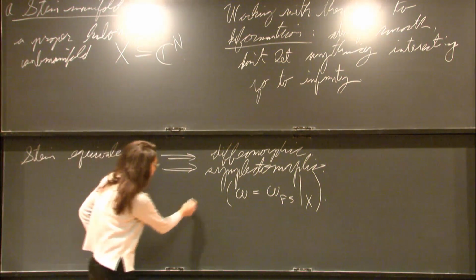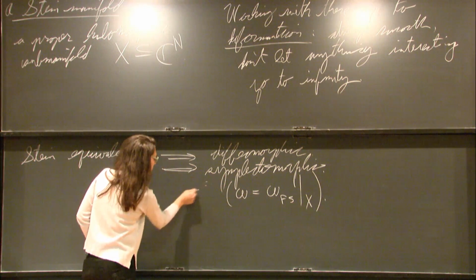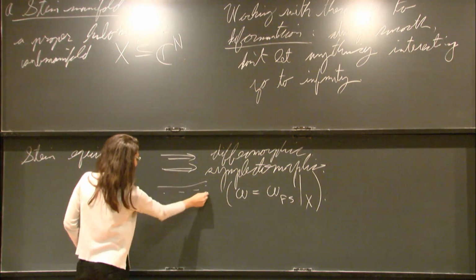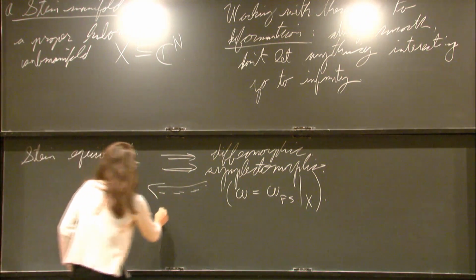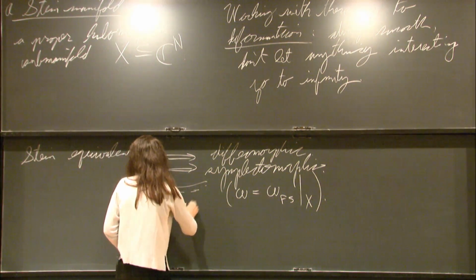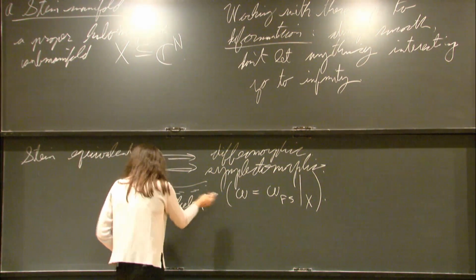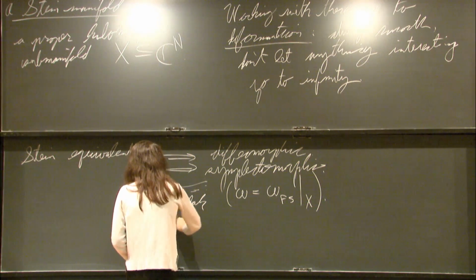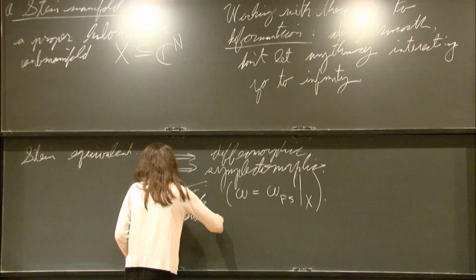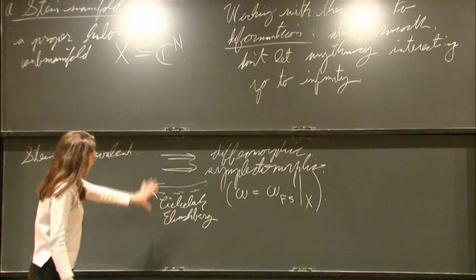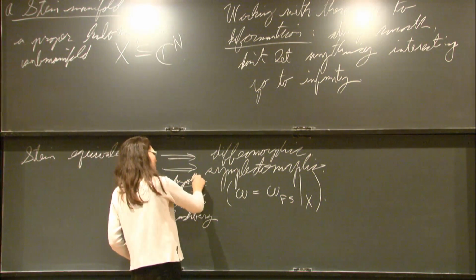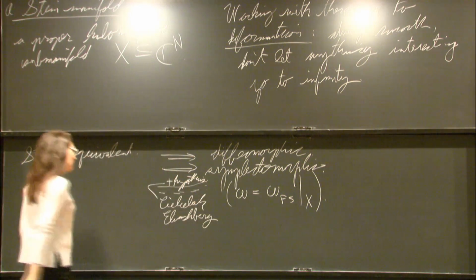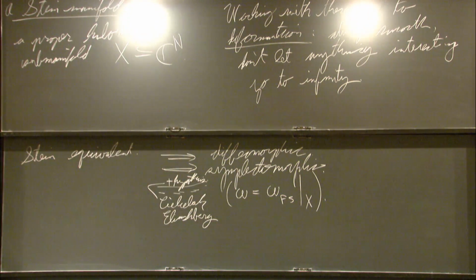And there's a sort of partial converse to this, which is due to Cieliebak and Eliashberg. We have to add an extra hypothesis, but in any case this is an aside.